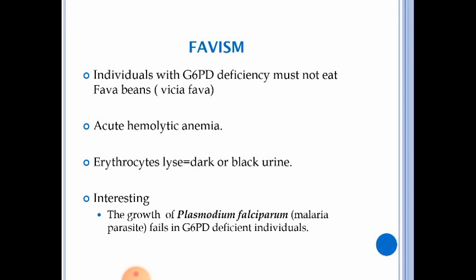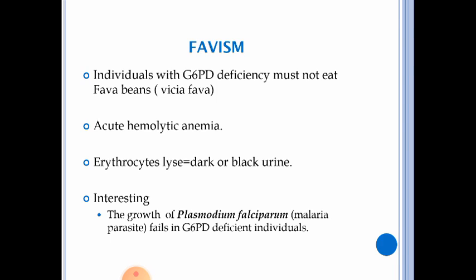And one of the interesting factors is that the growth of Plasmodium falciparum, that is the malarial parasite, fails in G6PD deficient individuals. The geographical distribution of G6PD deficiency correlates with the malarial endemicity.